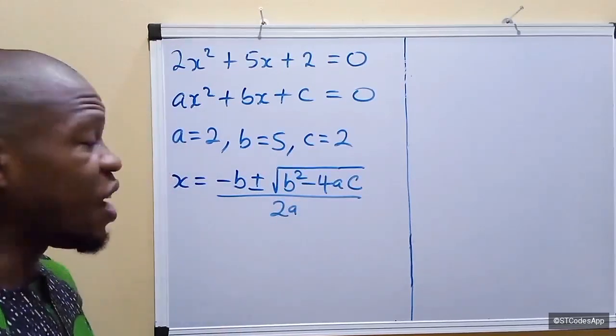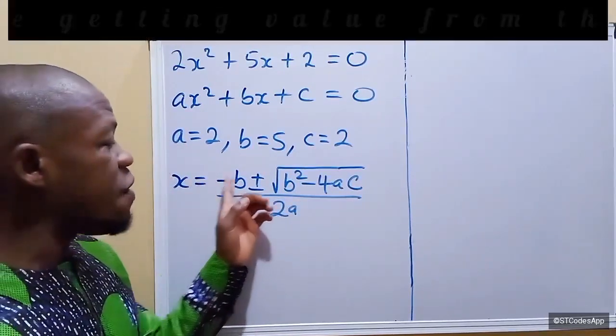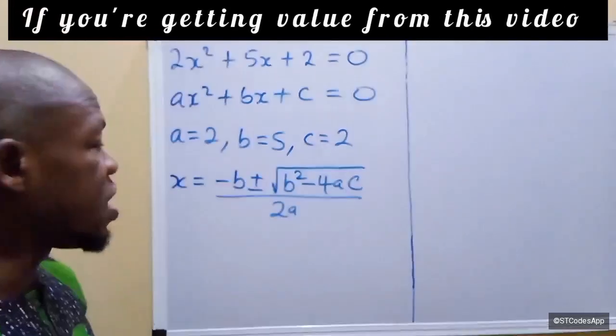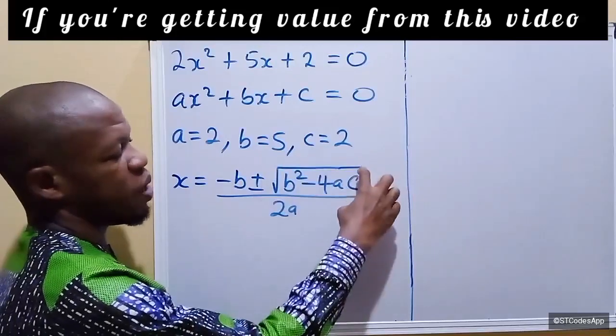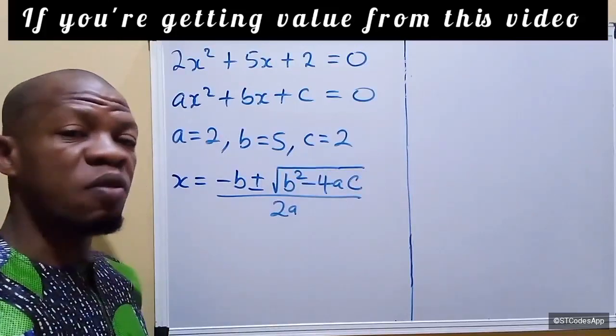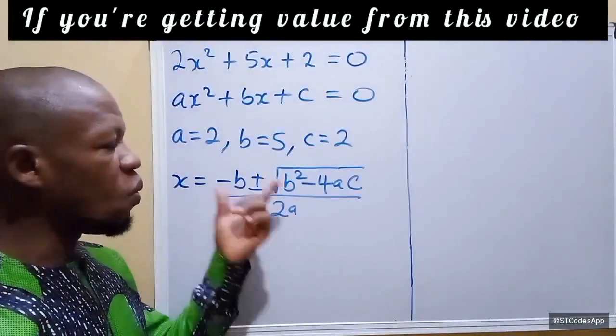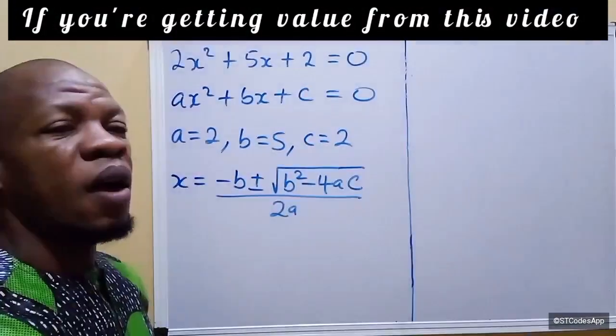Please, I want you to note that everything we have in the numerator is all over 2a, because a lot of students think that it is just the square root part that is all over 2a. No, this is the correct quadratic formula.